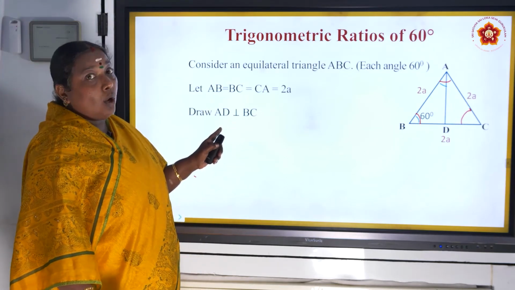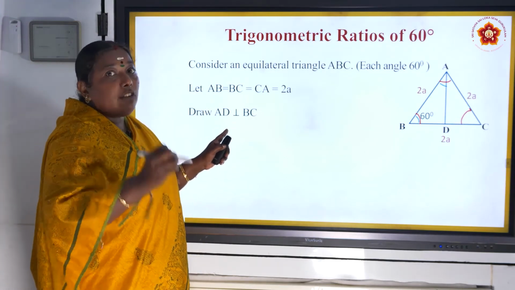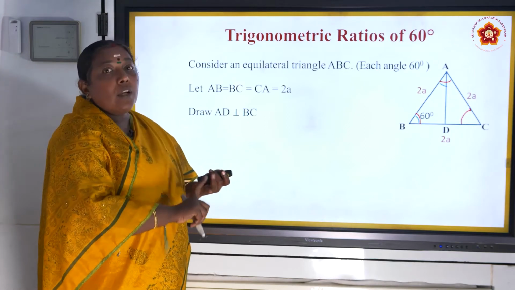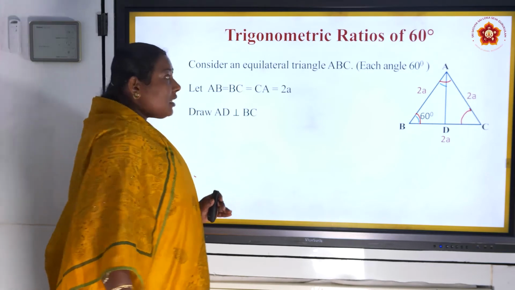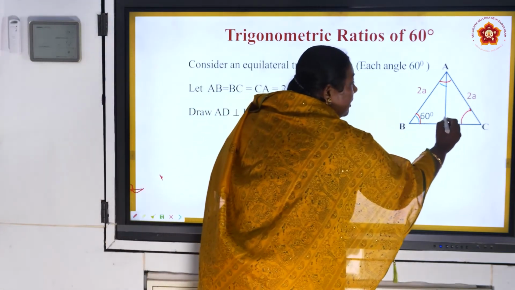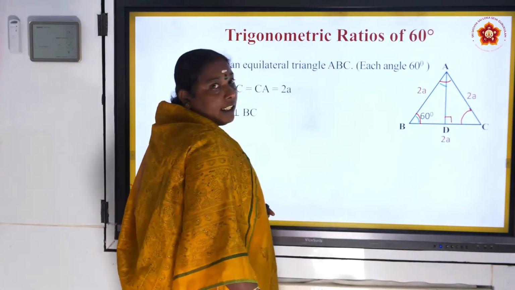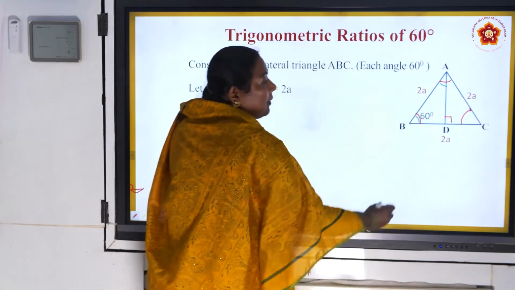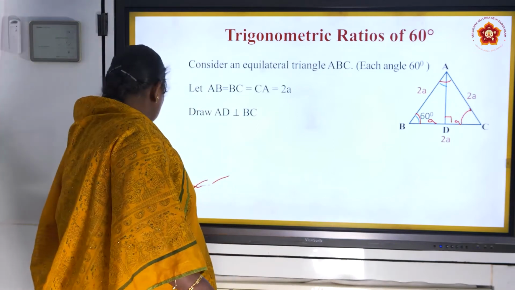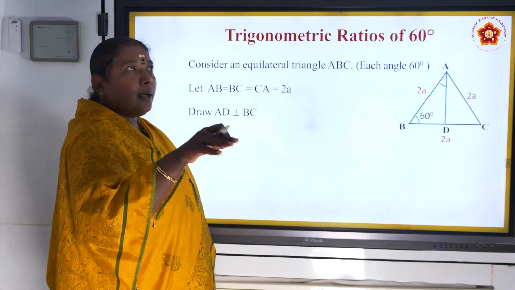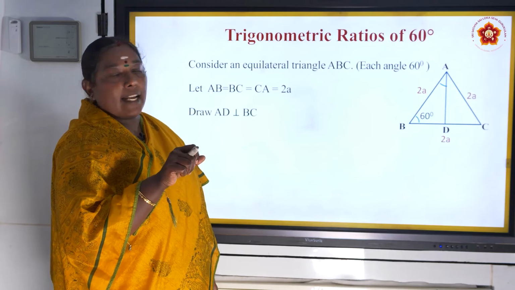Particularly in an equilateral triangle, altitude and median work as the same. That means if I drop a perpendicular line, it will give a 90 degree angle and it will break the side into equal halves. That is the magic about an equilateral triangle.